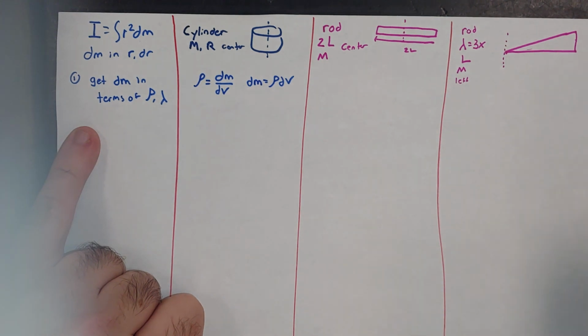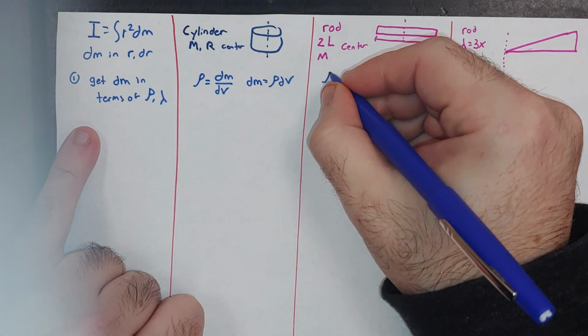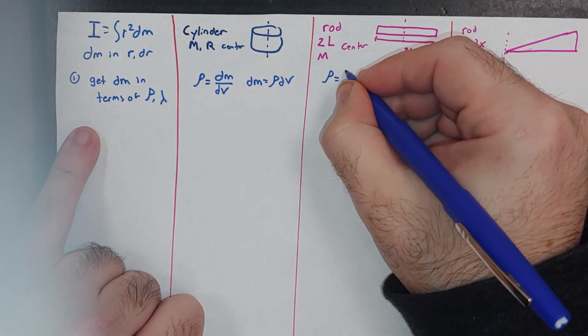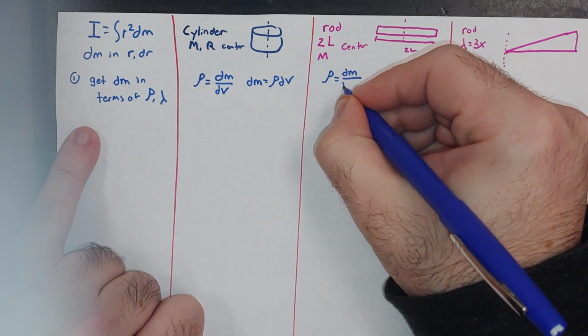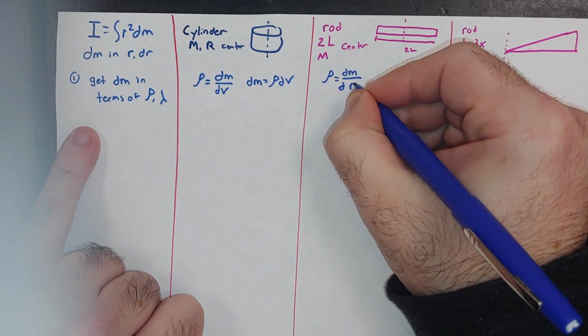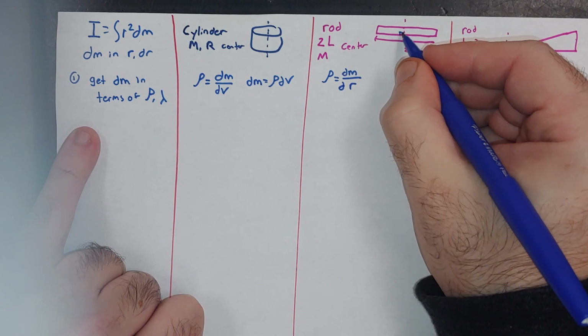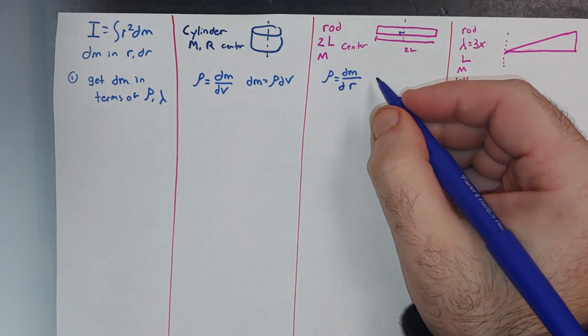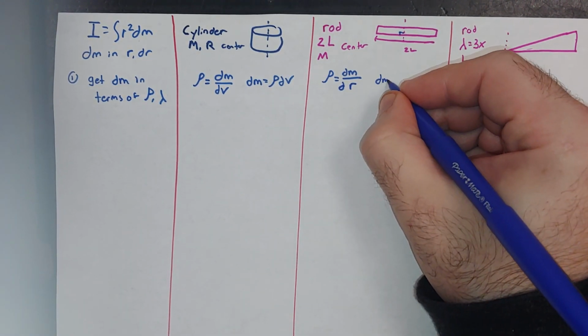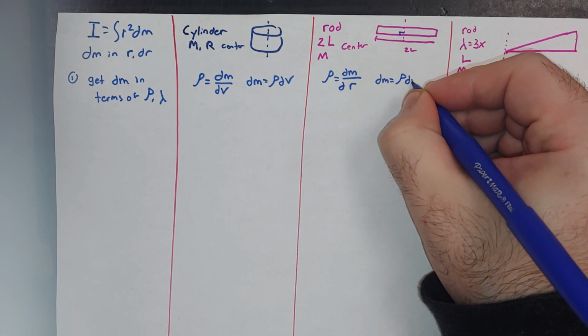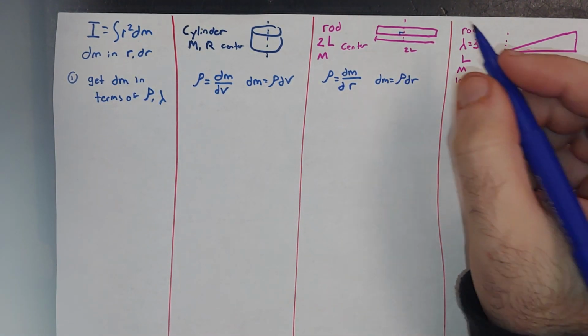Here, I know that the density is also directly related. So it's dm over dr. If I put a little chunk here, the mass is going to go up proportionally. So dm is rho dr. It doesn't matter if it's 2L, 10L, or whatever.